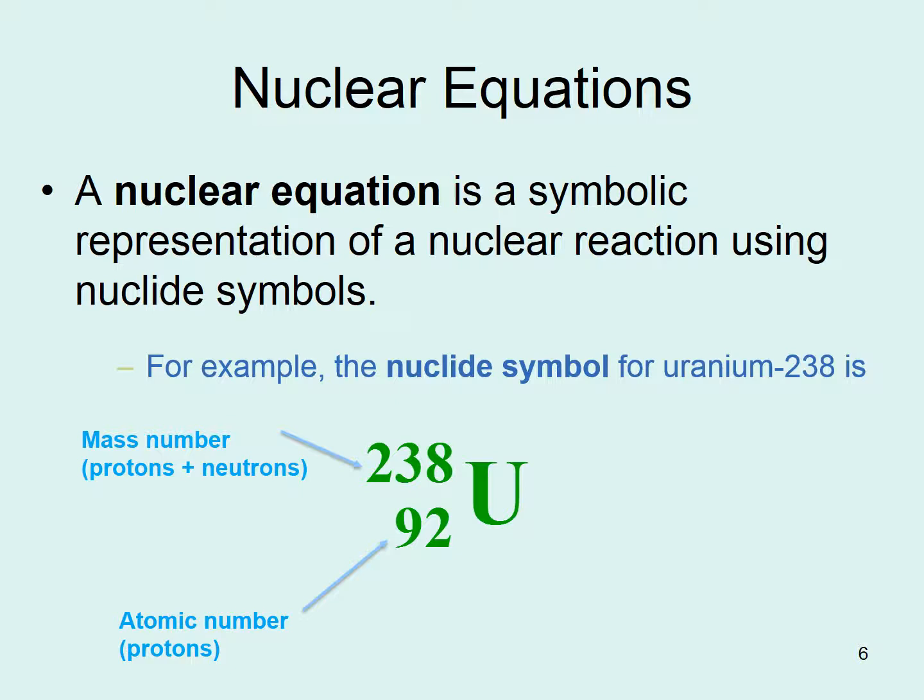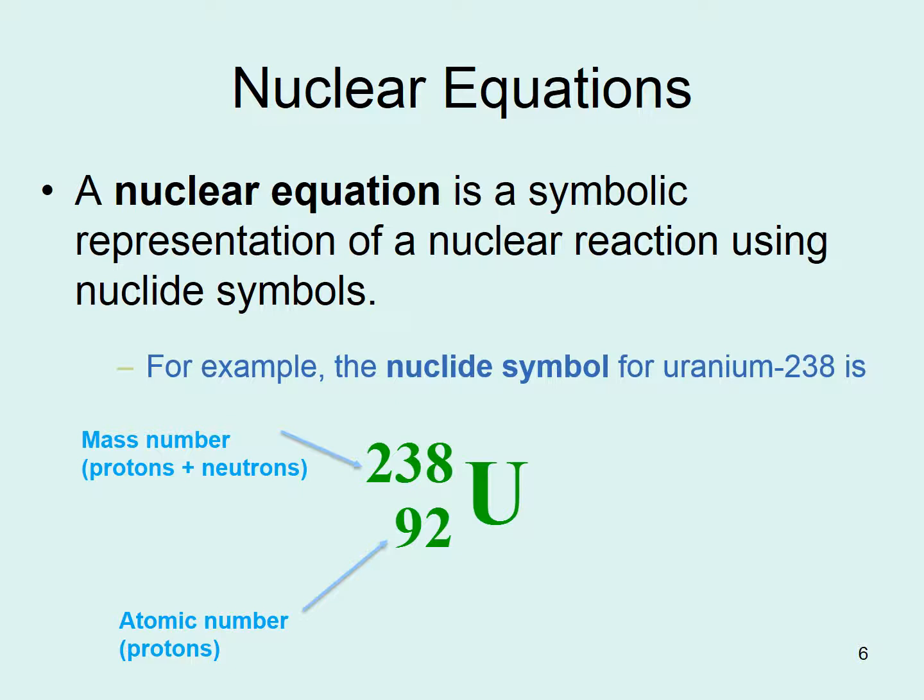It may be the same as the atomic mass on the periodic table, but notice that most of the time the atomic masses are a decimal. And so remember that the atomic mass on the periodic table is an average. It's a weighted average of all the nuclides, all the different isotopes of the different elements that are out there.